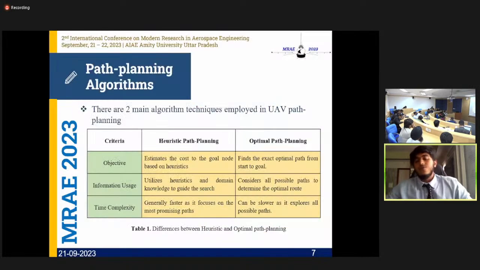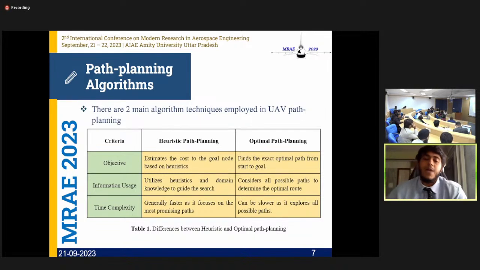Moving further, path planning essentially employs two main techniques. First being heuristic, the other being optimal. While heuristic is more of an informed or educated guess to calculate the cost of a node, optimal calculates the exact path with the least cost.